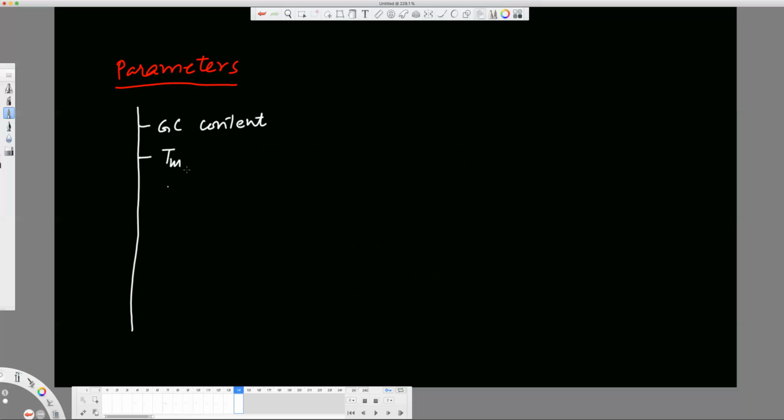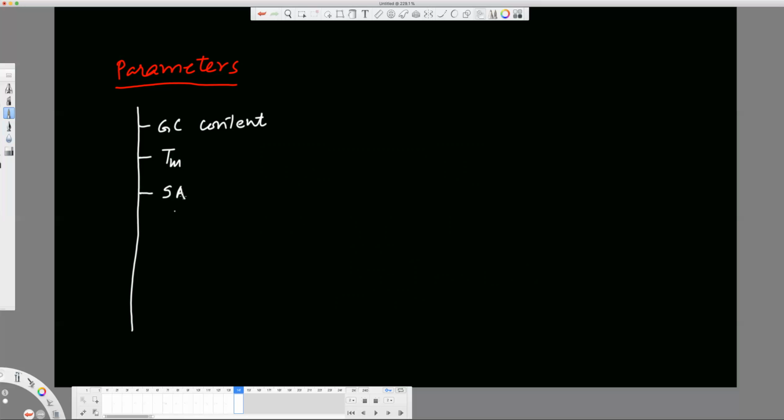So there shouldn't be more than a 5-degree difference from the annealing temperature. So we need to look at what is the melting temperature of primer sequences. We will see how we calculate it later on. And then we need certain other important scores, for example, self-annealing score.